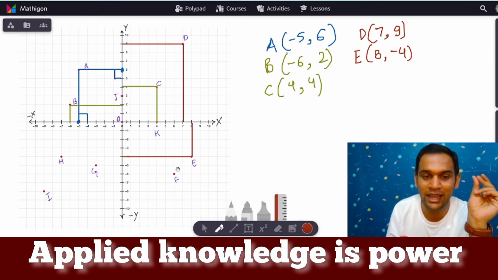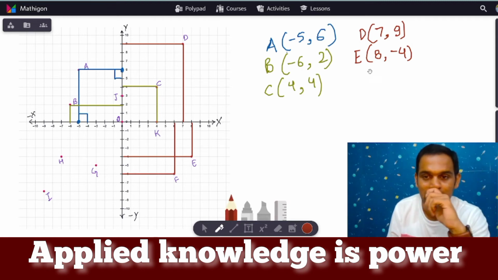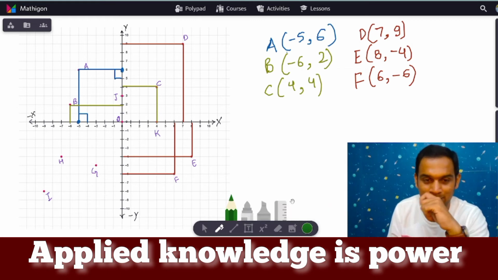Let's try to plot F as well. We plot it over here and we extend it over here. So as you can see, F is intersecting the x-axis at 6 and the y-axis at -6. Yes or no? I hope that makes sense.